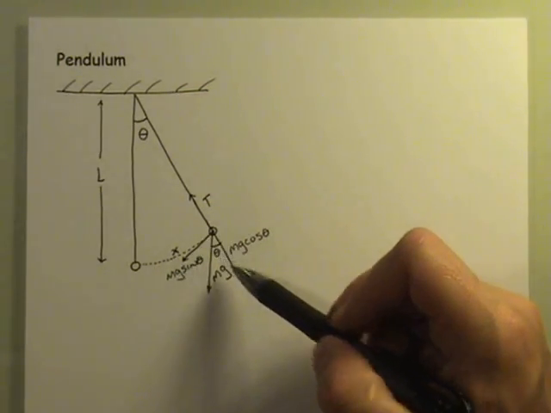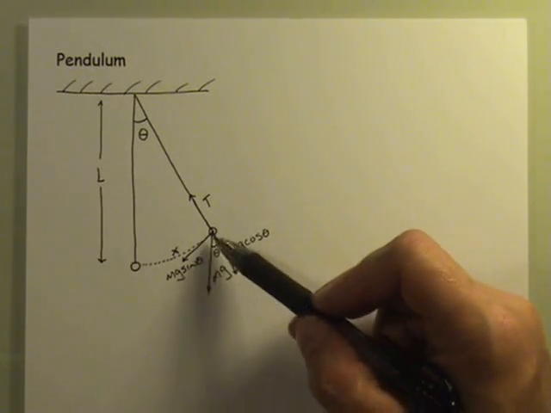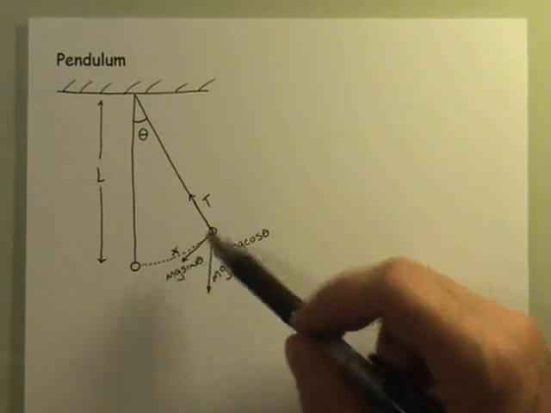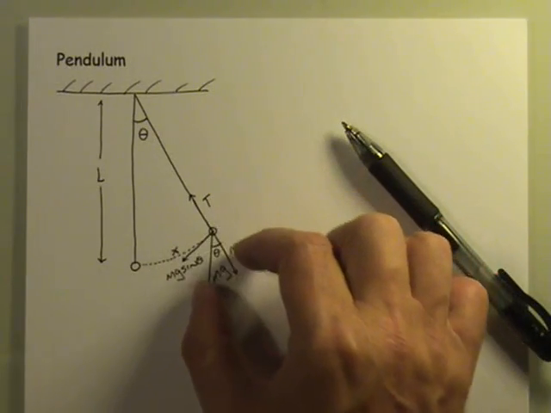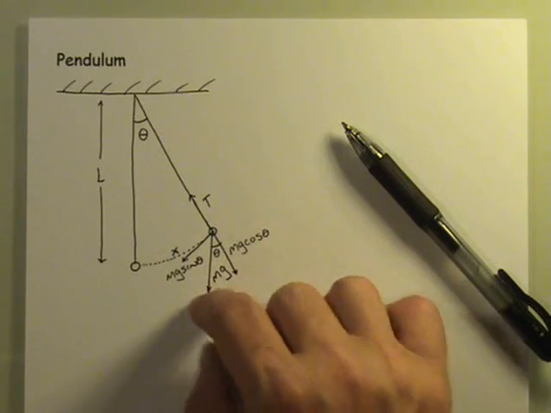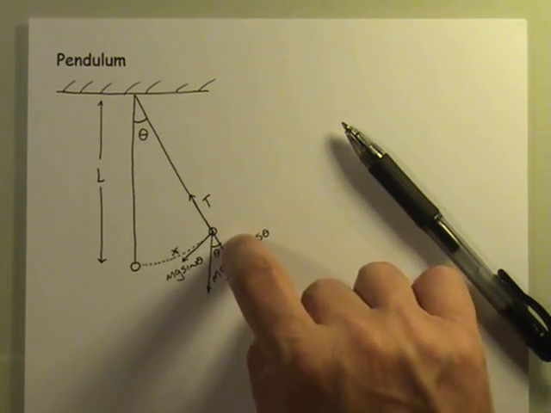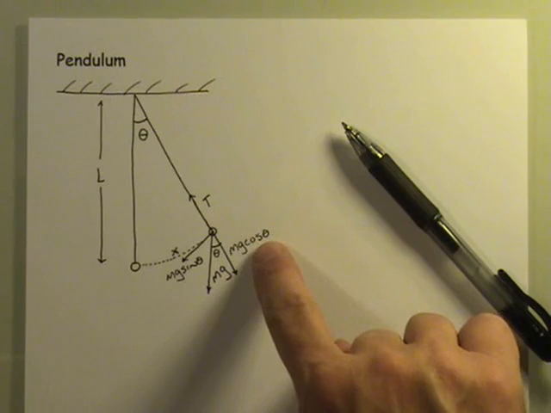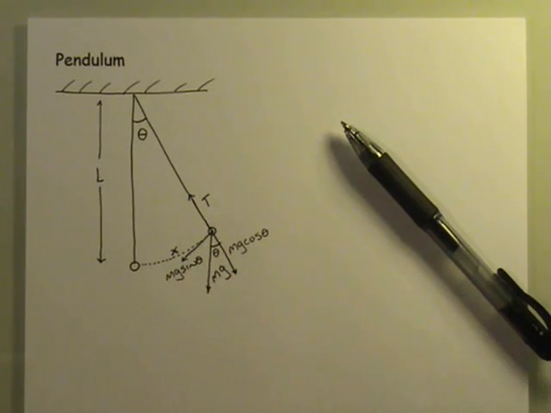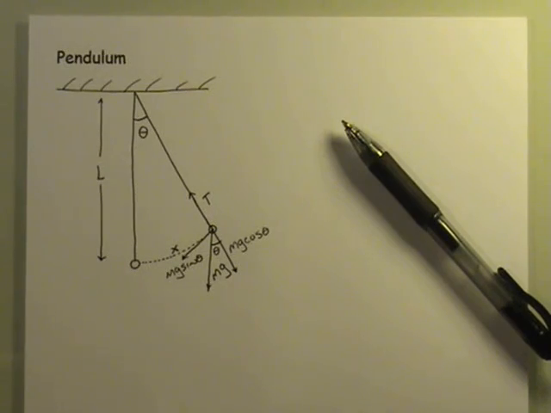I know that's a little hard to visualize. Probably easier if you think about it in terms of this arrow being taken and slid down here to close off the triangle. Then you get a nice right triangle. You get the hypotenuse, you get the adjacent side, which is going to be using the cosine, and you use the opposite side, which is going to be using the sine. Okay, and that's really enough for us to be able to solve the problem.